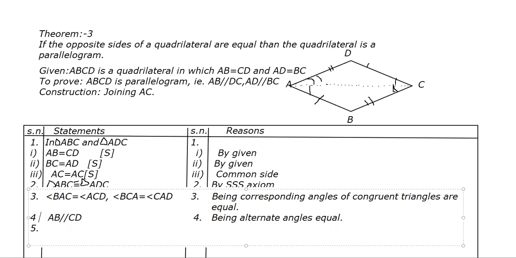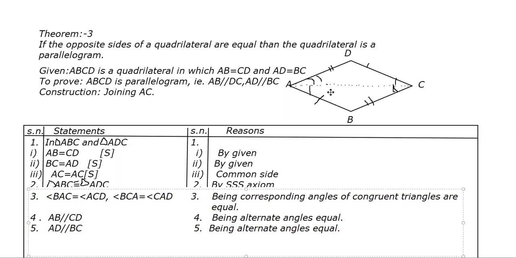Similarly, we can write AD is parallel to BC. Here also the same reason, alternate angles. If two alternate angles are equal, then the lines are parallel.